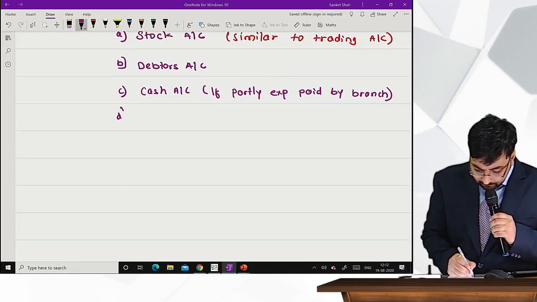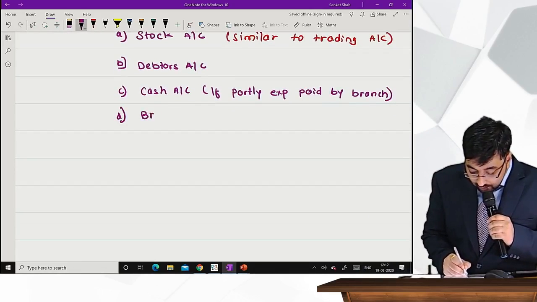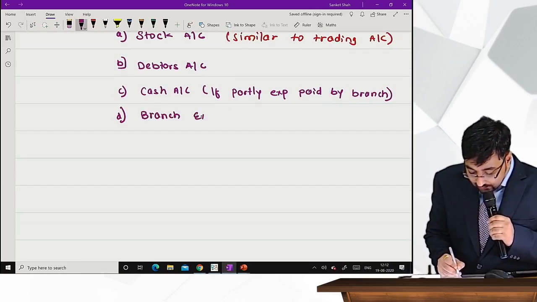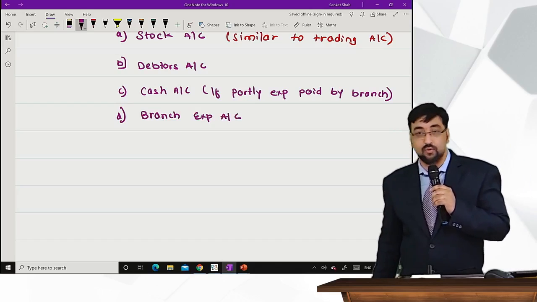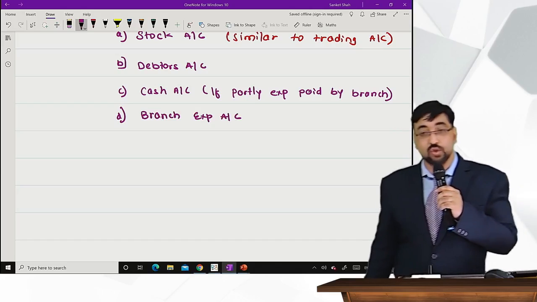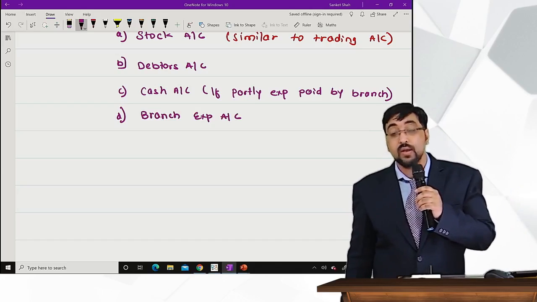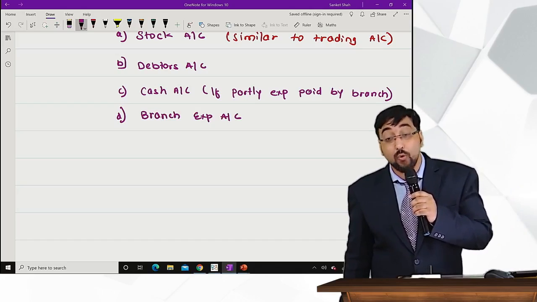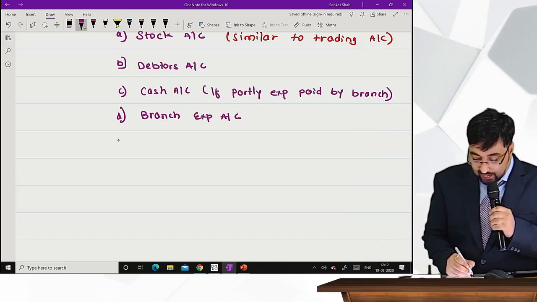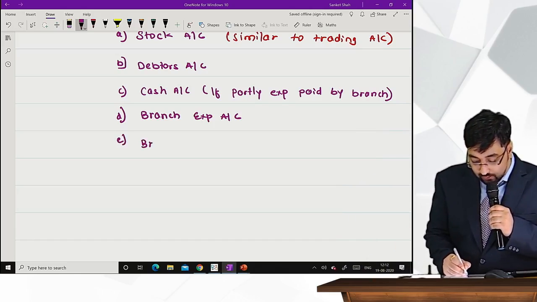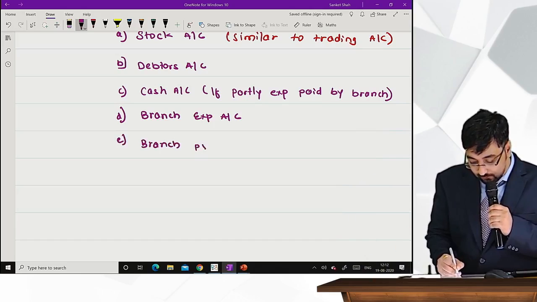Next, branch expenses account, in which normally we will record expenses which are not cash outflow, that we are going to record in branch P&L account.